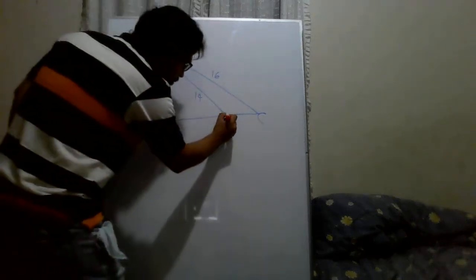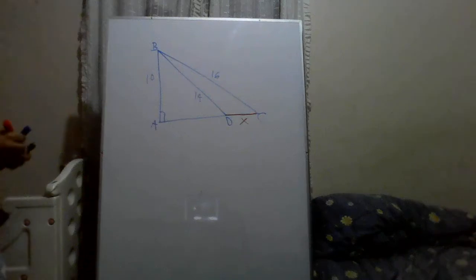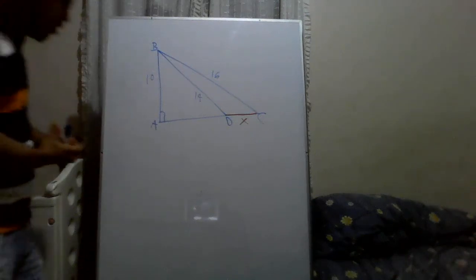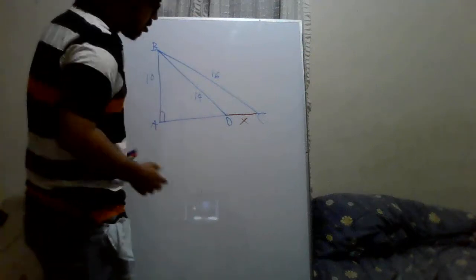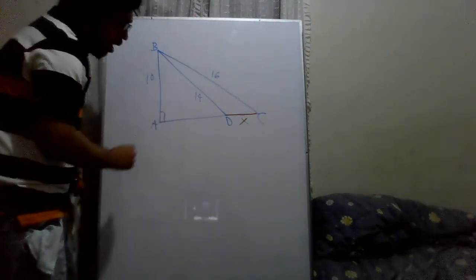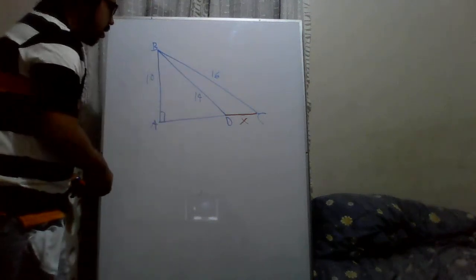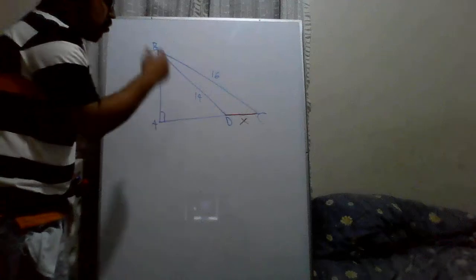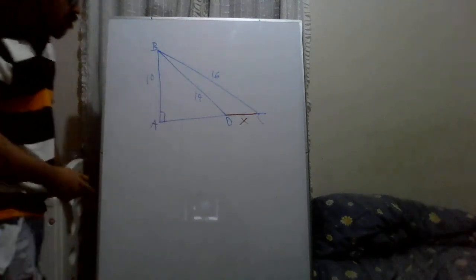So basically we are looking for this, let's call it x, and you have only information about the sides. I told you this: when you have information about the sides, a very good strategy to begin is to use the Pythagorean theorem, okay?